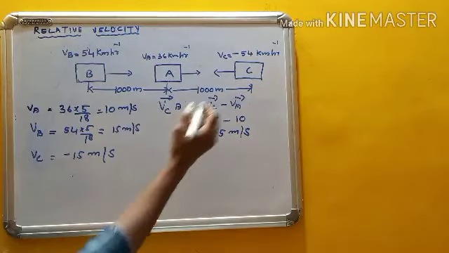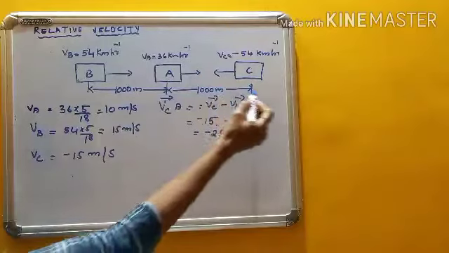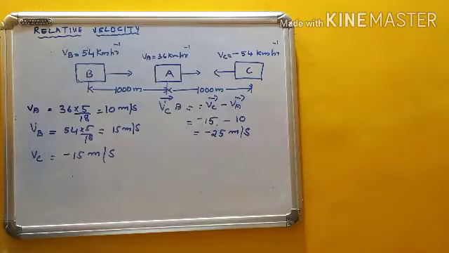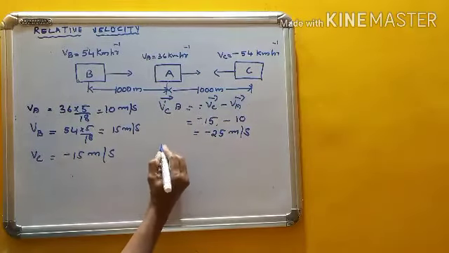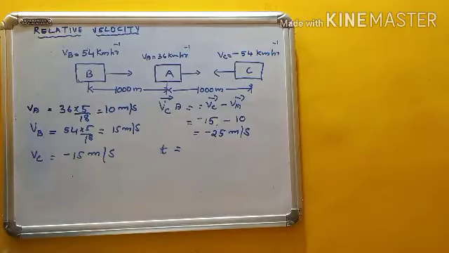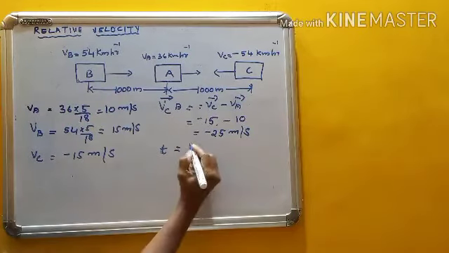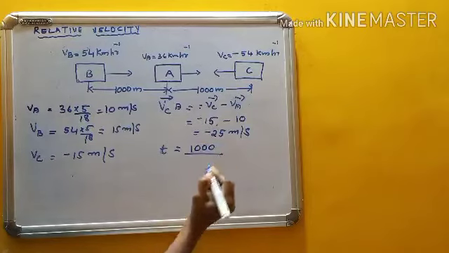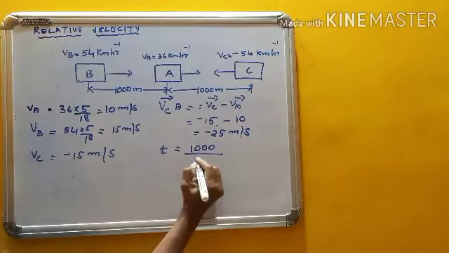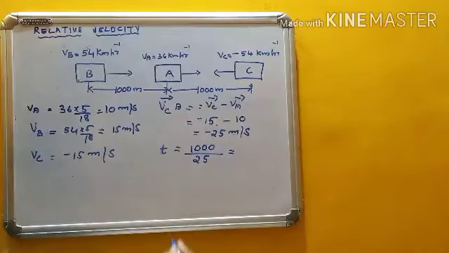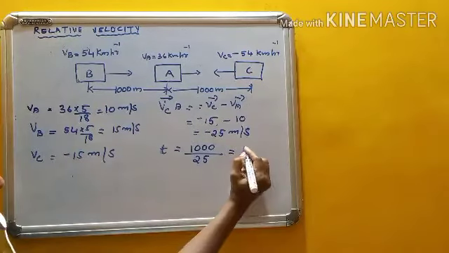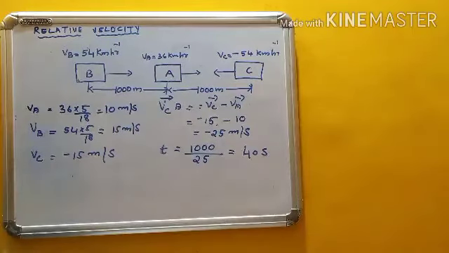So how much time will C take to travel this distance of 1000 meter? Kitna lagega time? We know that time is equal to distance by velocity. Distance is 1000 meter. 1000 divided by 25. Time is a scalar quantity, no? So 40 seconds.